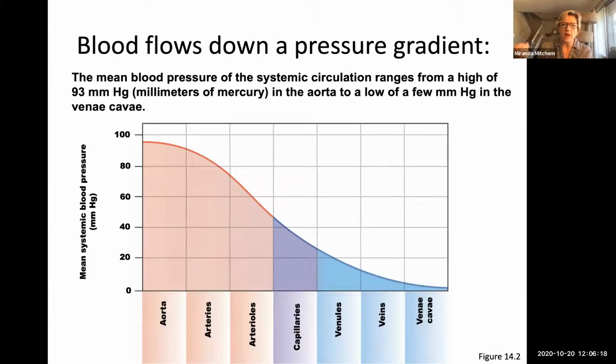So we do have a pressure gradient. And as you know, gradients are important in helping the diffusion of materials, and our respiratory gases do move by diffusion. So the design of our cardiovascular system does match its function.